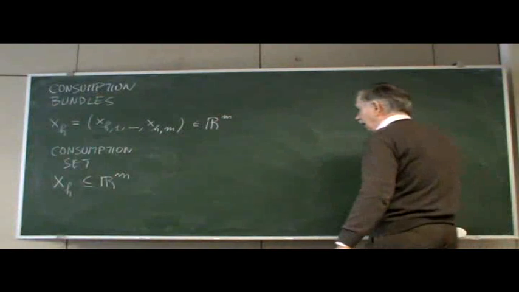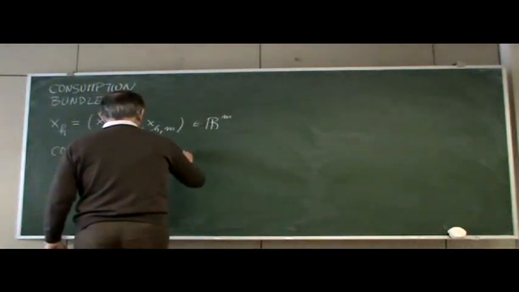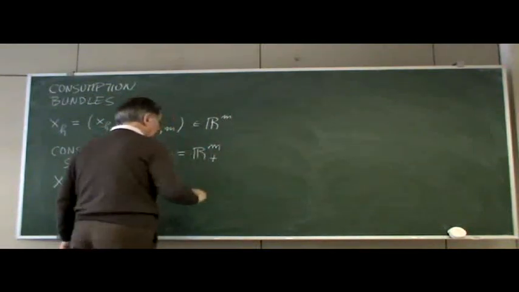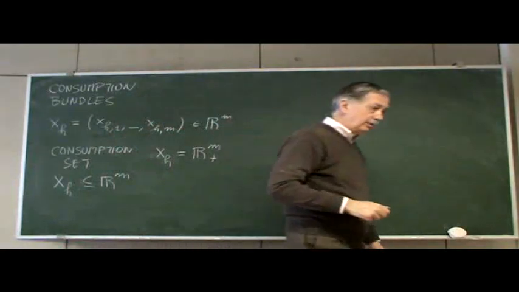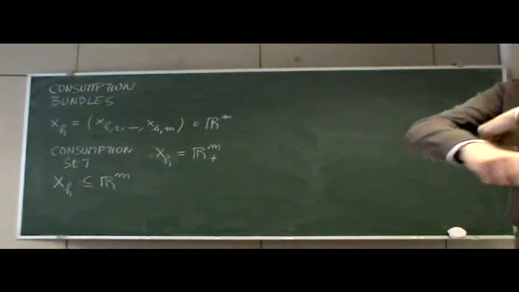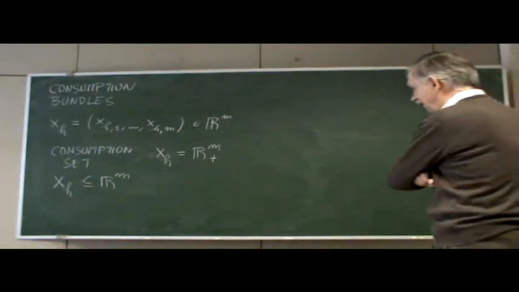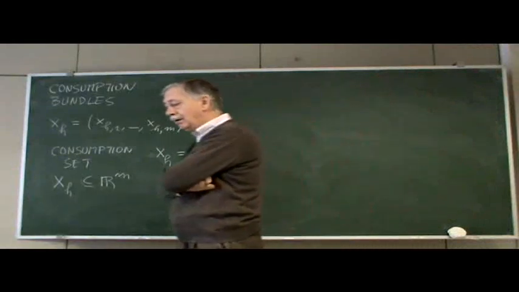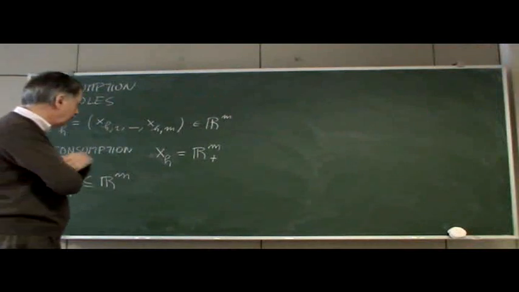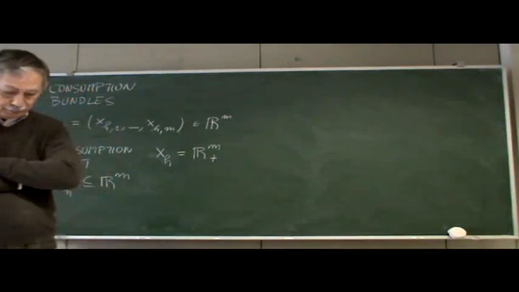Usually, we shall make the assumption that XH is equal to the non-negative orthant of the n-dimensional Euclidean space, but as Pacini told you in the first part of the course, this equality is not necessarily verified. However, for the sake of simplicity, in our graphical examples, we shall always suppose that this equality is true.